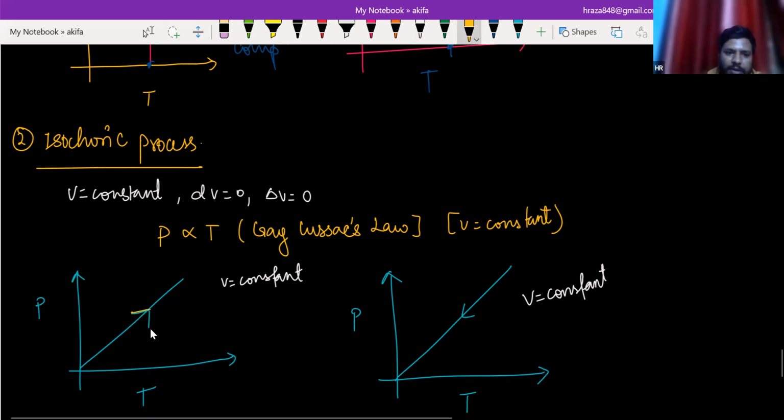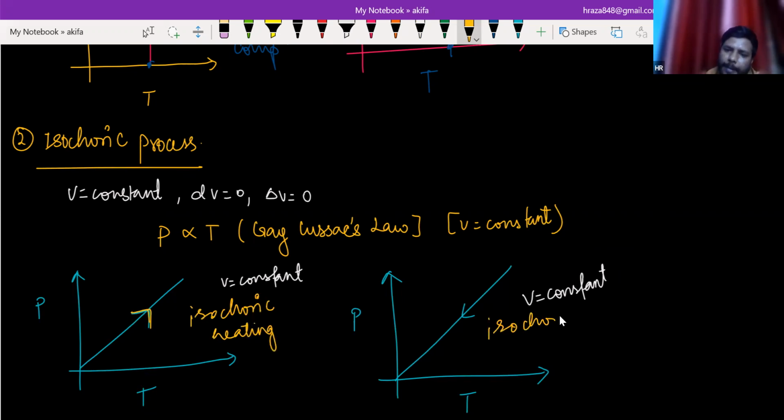So you can see this volume is constant, that means this is isochoric, and you can see the temperature is increasing, that's why this is isochoric heating, and this is isochoric cooling.